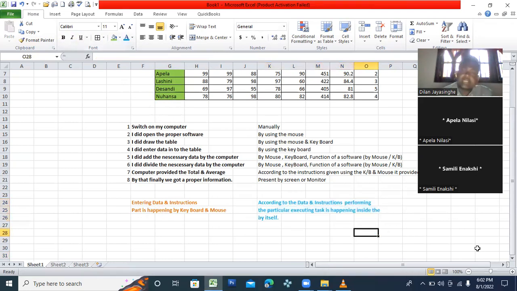Right? According to the data and instructions, performing the particular executing task is happening inside the computer by itself.